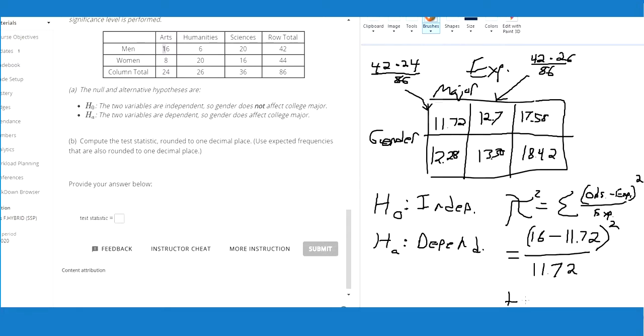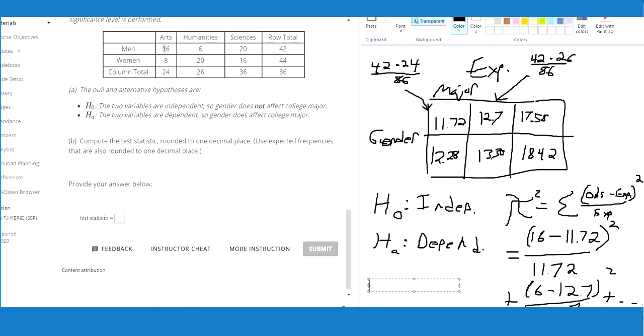And then you add it to men in the humanities. The observed was 6. The expected was 12.7. So square that difference, divide by 12.7, and then keep going in this fashion until you've done all of them. I've done the first two. There's 6 in total. I can usually do this quicker with a calculator. Let me type that out here.